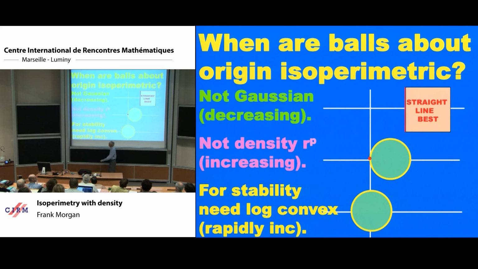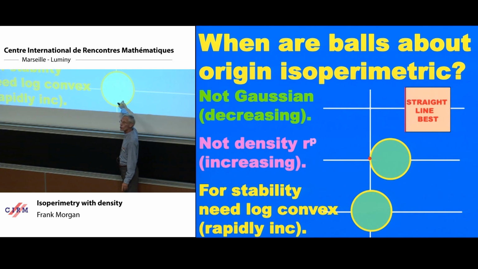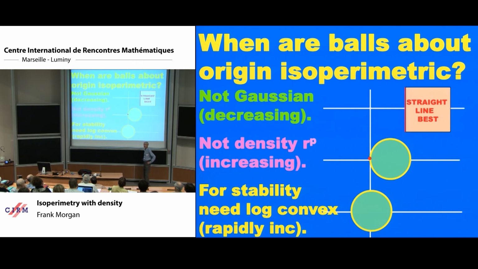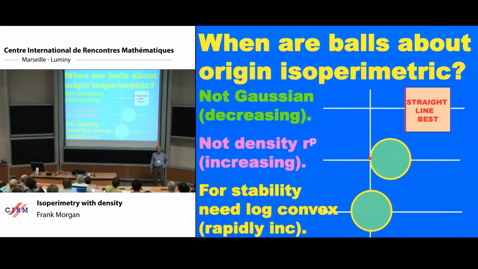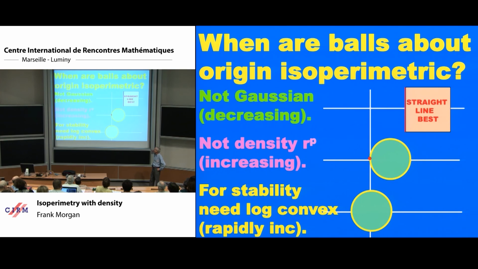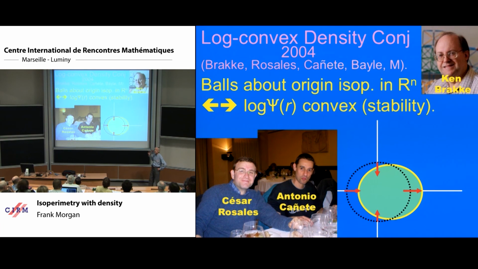It turns out that if you want the circle about the origin or a sphere about the origin to be stable, you need the density to grow very rapidly. The exact condition is that you need the log of the density to be convex. That's the exact stability condition, which was first computed by Ken Brakke and led then to the conjecture that that necessary condition might also be sufficient.